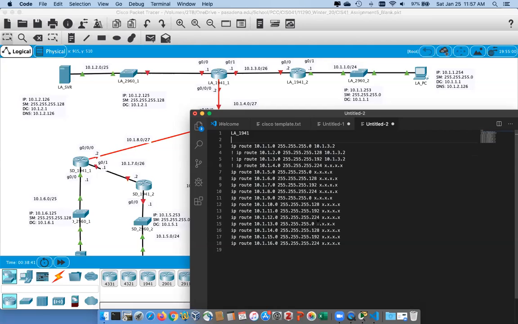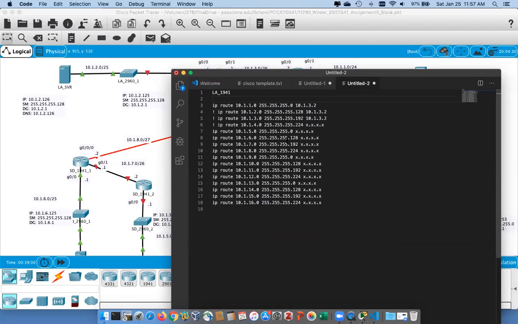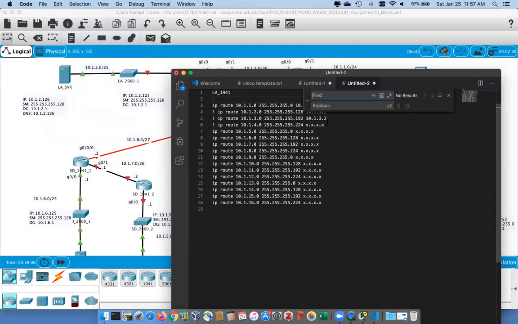But for the rest of these routes, the 10.1.5, 6, 7, 8, 9, all the way up to 16, from this router's perspective, its next hop IP is going to be 10.1.4.1. So you could find and replace.